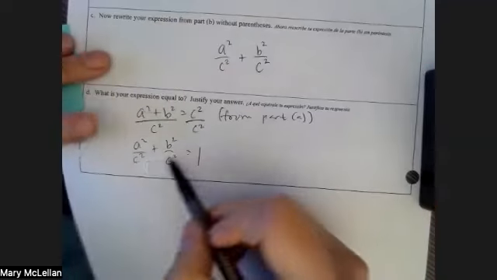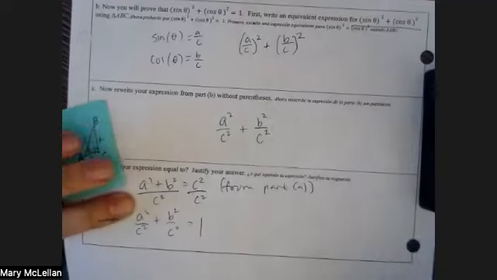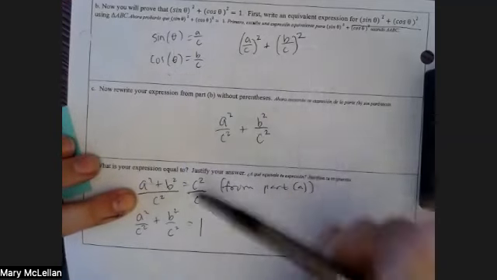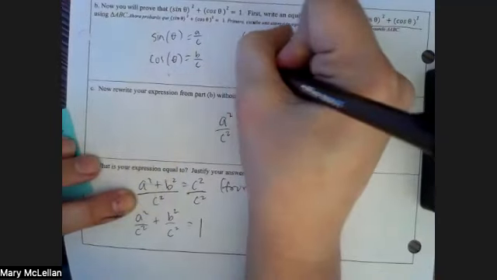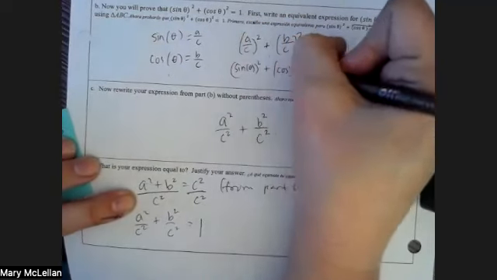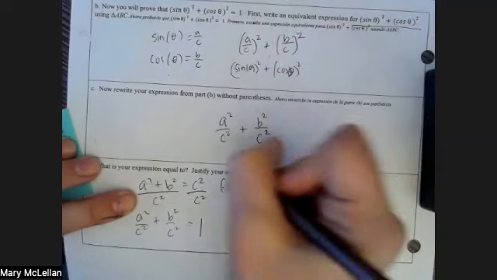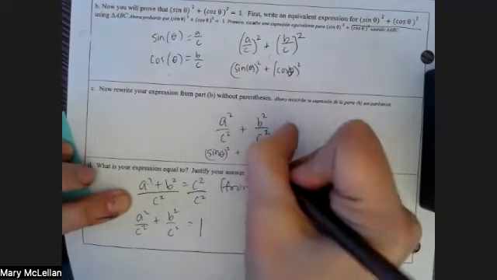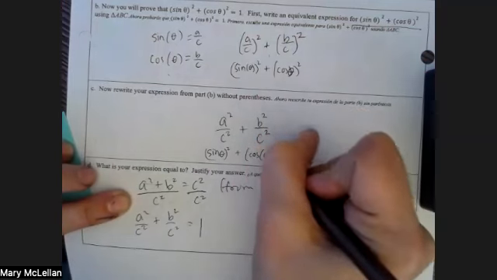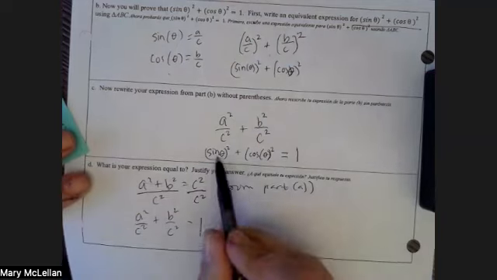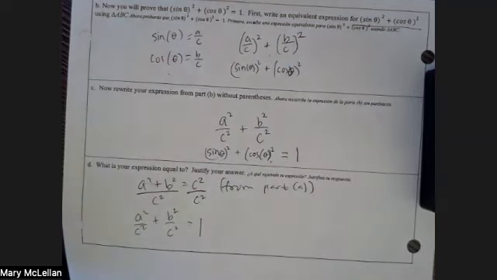But look, that's also the same as sine of theta squared plus cosine of theta squared. So we have sine of theta squared plus cosine of theta squared equals 1.